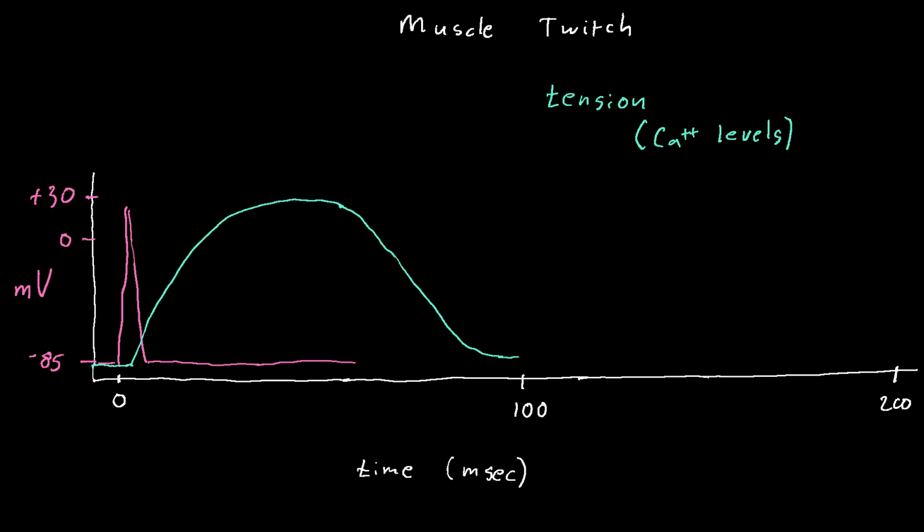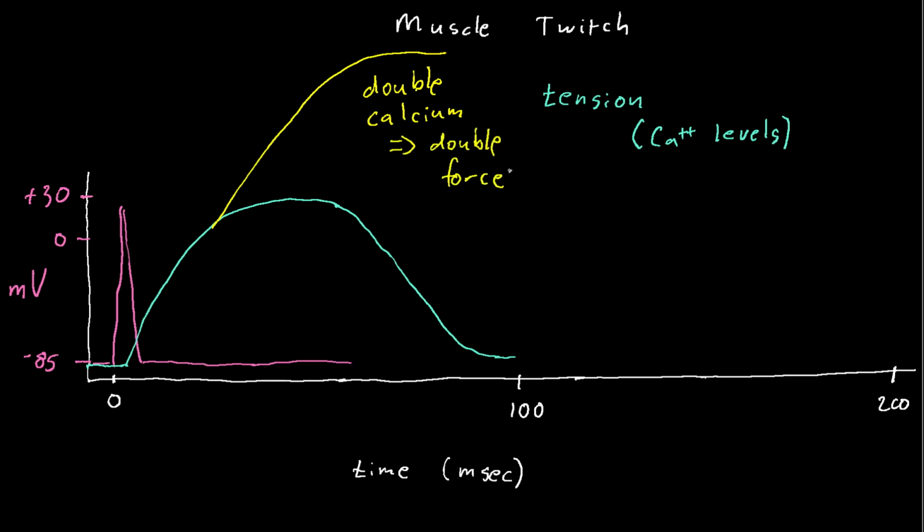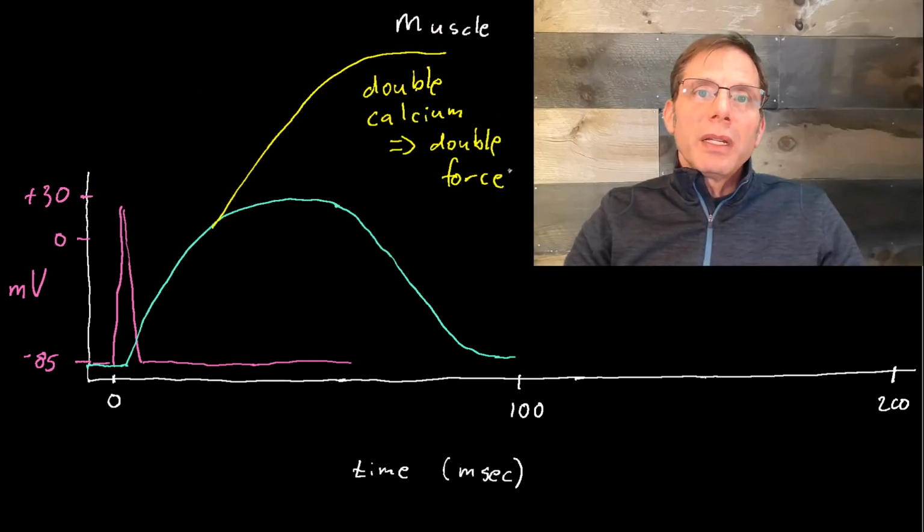Then maybe half of the available cross bridges could cycle. If calcium levels doubled, all of the myosin binding sites would be exposed, and the fiber could generate twice the amount of force. But then if every action potential is the same size, how are we going to change the amount of calcium released in response to the action potential?